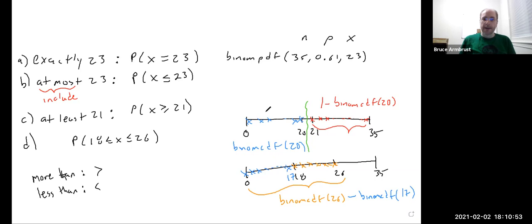Think about what we did with the 1 minus. This entire thing has probability 1. I'm going to get one of those results, so I need to take away these guys. Well, that was my 1 minus the binomial CDF of 20.